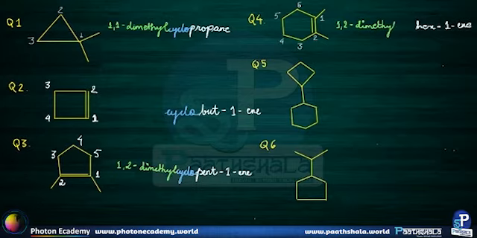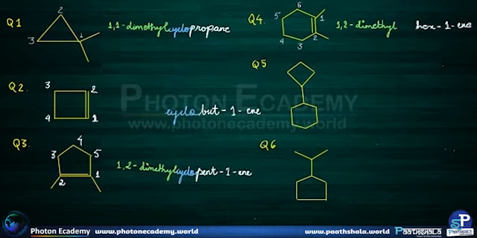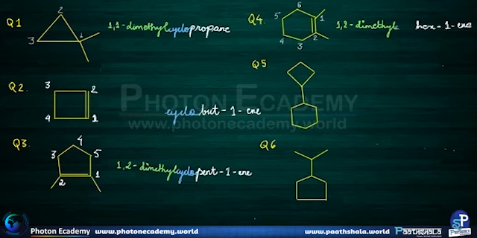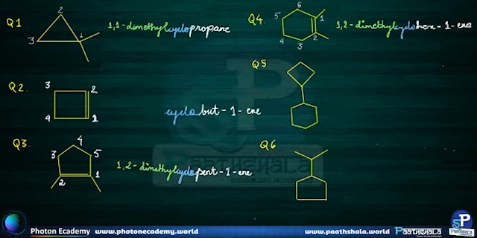Now, in naming of cyclic compounds, we know that whenever we name cyclic compounds, we use cyclo before the word root. So, in connecting the prefix and the word root, we'll place the word cyclo right over here. So, this is the correct IUPAC name for this compound: 1,2-dimethylcyclohex-1-ene.